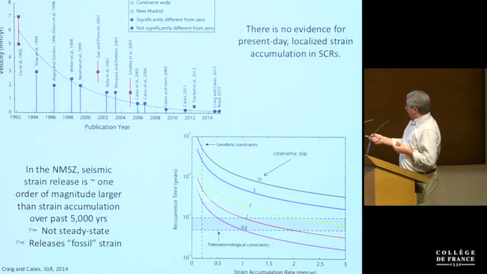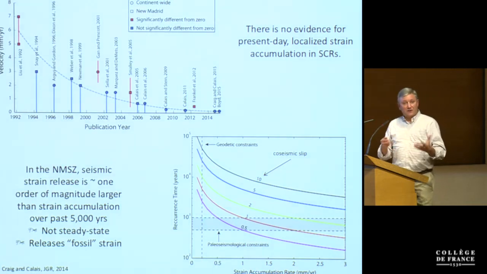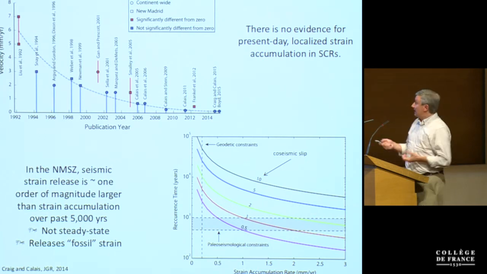And the 0.2 millimeters per year upper limit is here. So GPS is telling us that we can't go over this, at least over the past 20 years. And the paleoseismological constraints are this gray area here. You can see that what the paleoseismology is telling us is that the recurrence time of those events, magnitude 7 and greater, is 500, maybe 1,000 years.